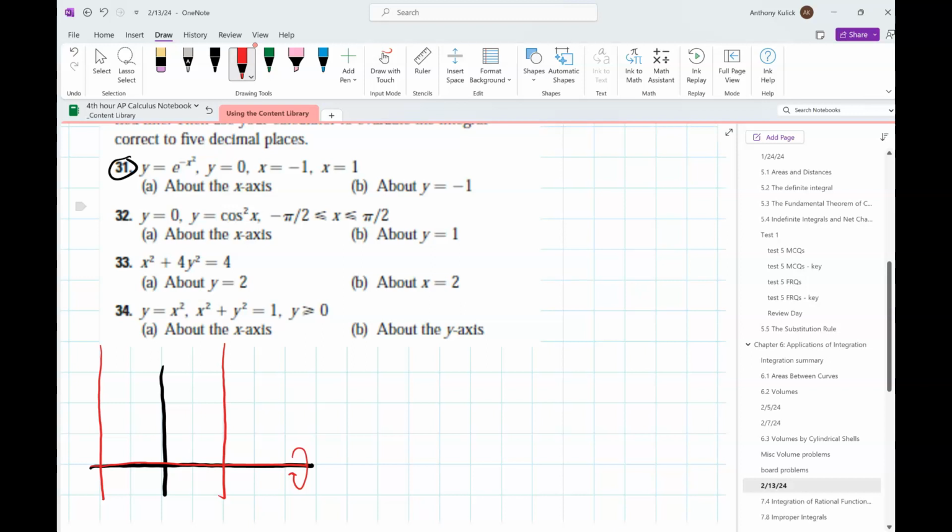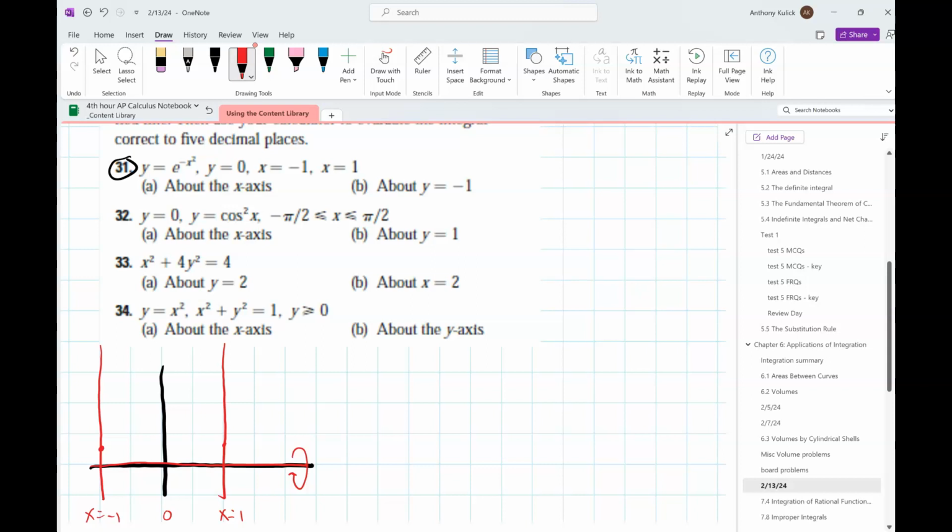If I plot this, I would probably plug in -1, 0, and +1, and just get an idea of what it's going to look like. When I plug -1 in, I get 1 over e. Everybody's okay with that? 1 over e is like 1 over 2.7, so it's like a third-ish.